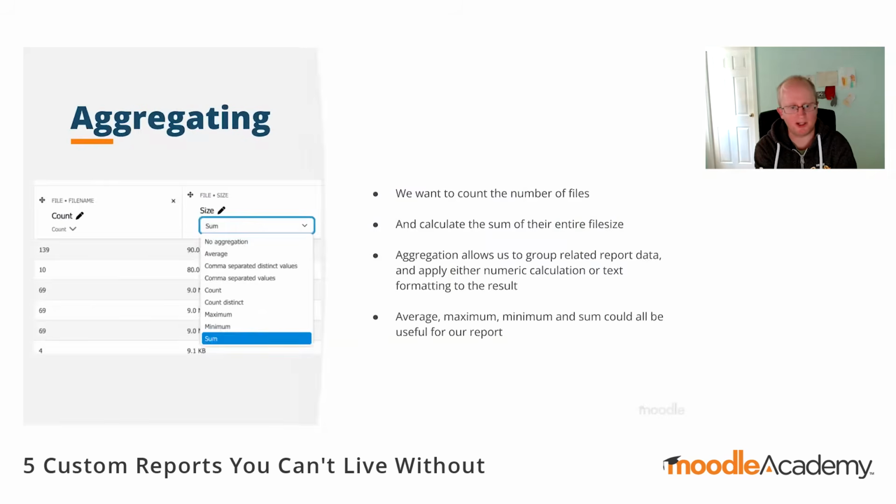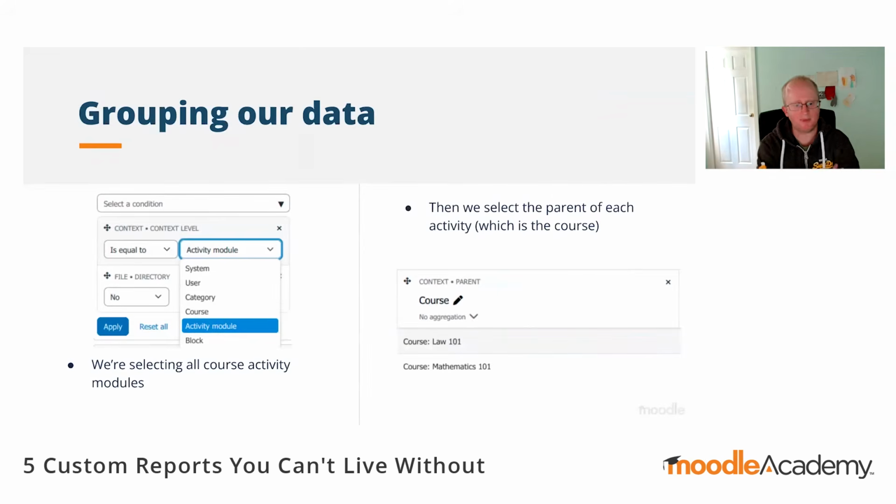So what we do when we're creating our report is we're saying we want to find all files that are activity modules. So that's what context level is looking at. It's saying I want all my activity modules. But in my report, what I'm actually displaying is the parent of those activity modules. So the parent of any activity module is the course to which it belongs.